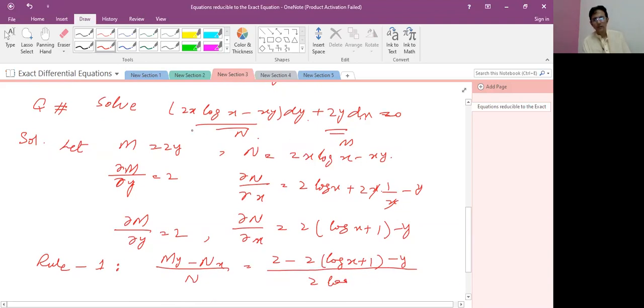N is 2 times x log x minus xy. It means this is called x. So we write the function. This is called N, so 2 times x log x minus x.